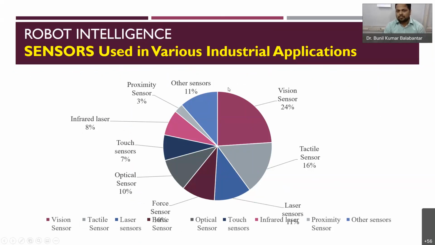This diagram is not something I am giving you in a fixed manner. Based on research and study, we found out that these are the sensors which are used in different industrial applications, and what is the percentage of their use.